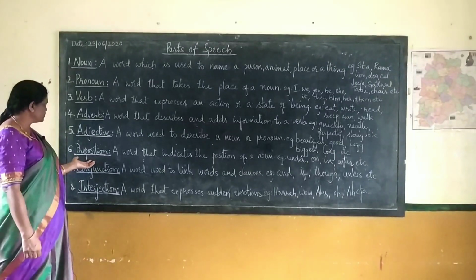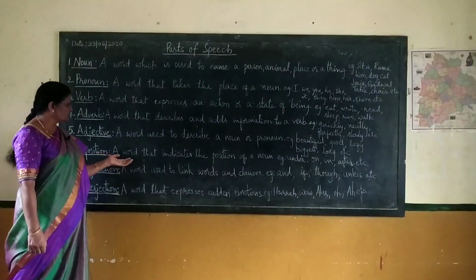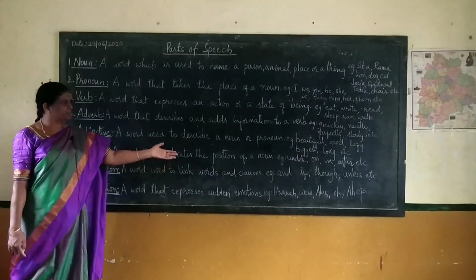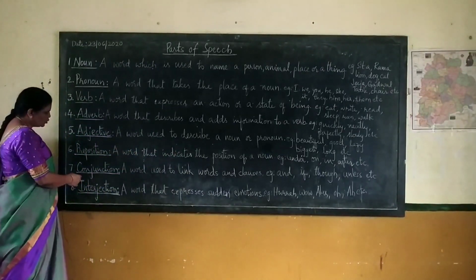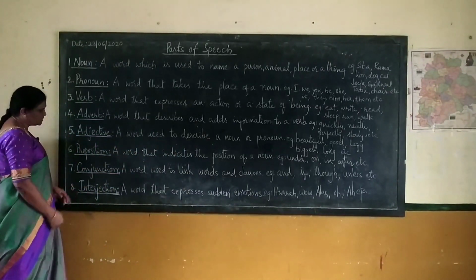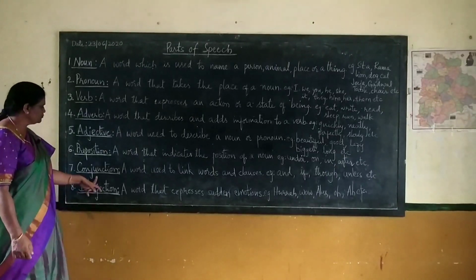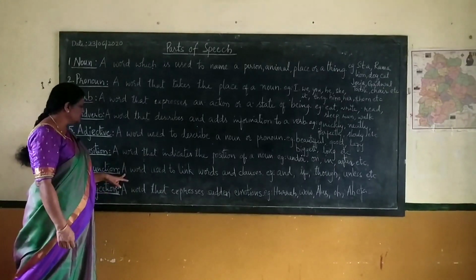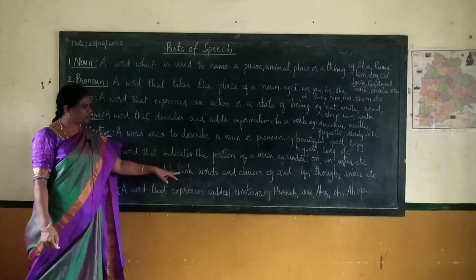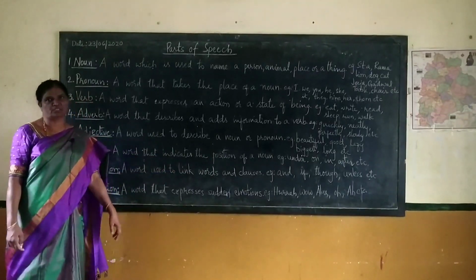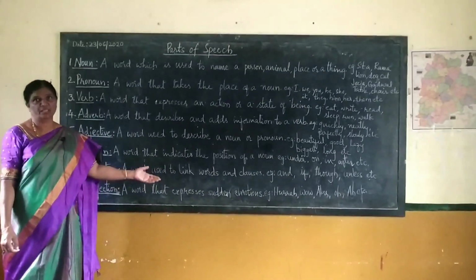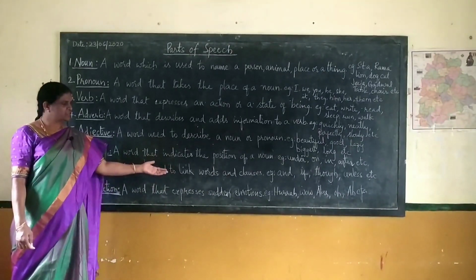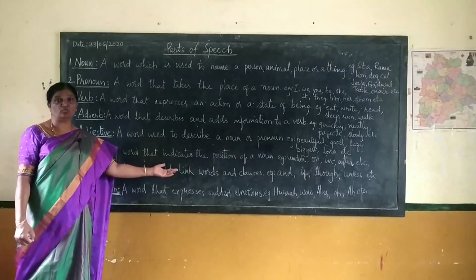And what is a preposition? A preposition is a word that indicates the position of a noun. And what is conjunction? A conjunction is a word used to link words and clauses. As they are linking, they are also called linkers, or sometimes joining words.